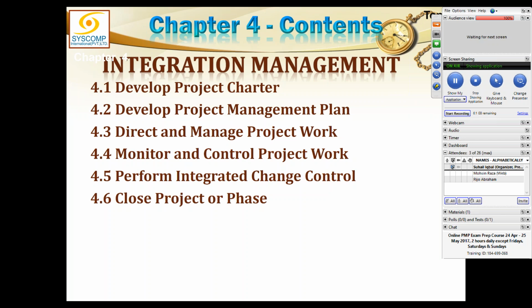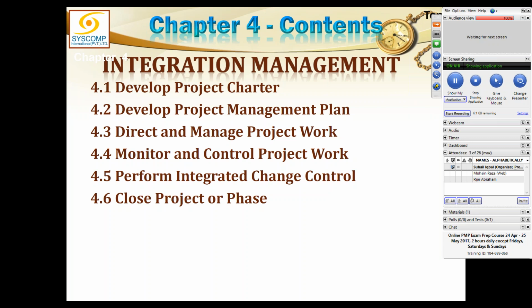They will go to the next integration process in monitoring and control, called perform integrated change control. This is the process which receives all the change requests, no matter where they are coming from: execution, any control, or monitor and control project work.